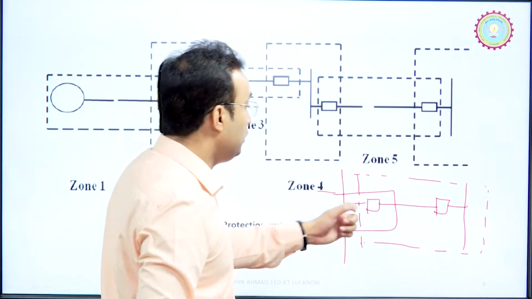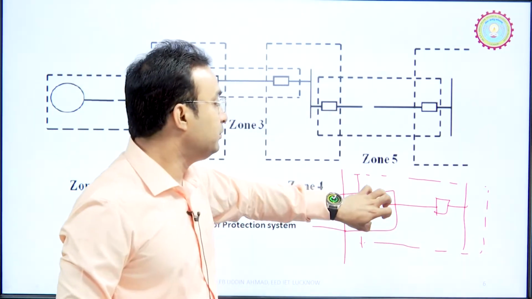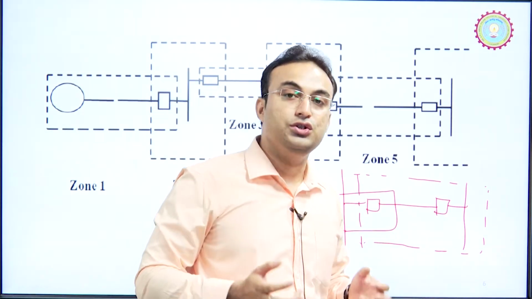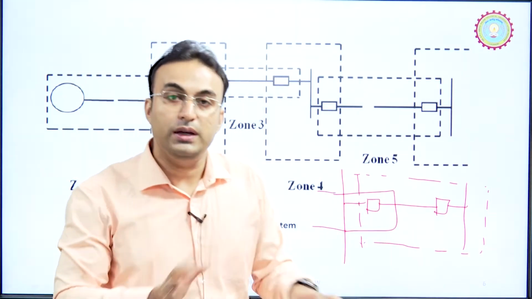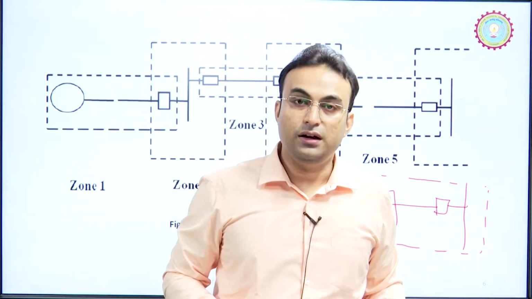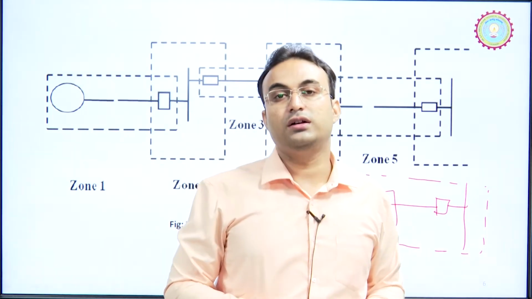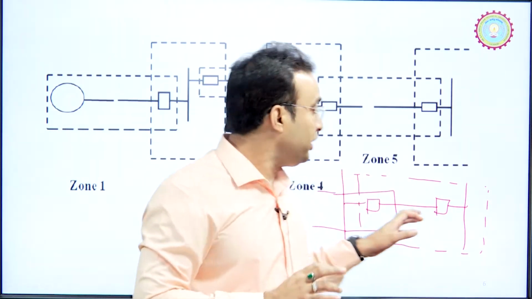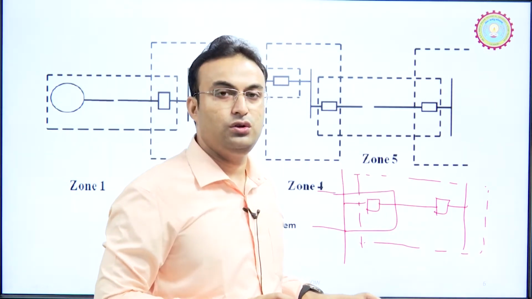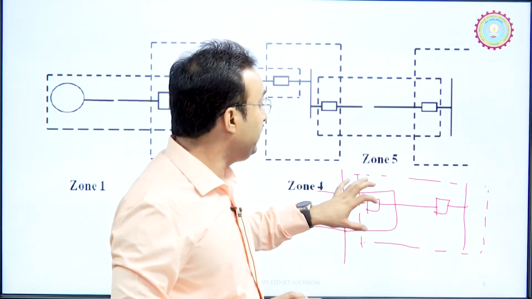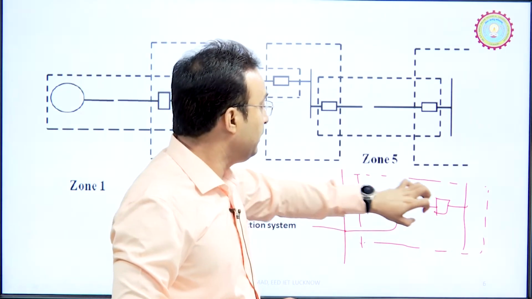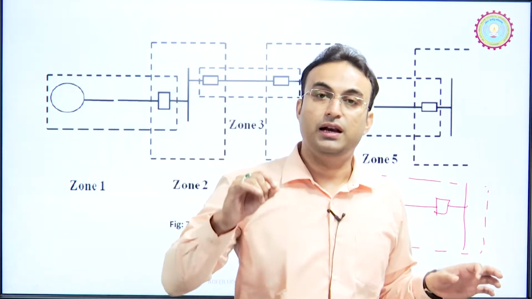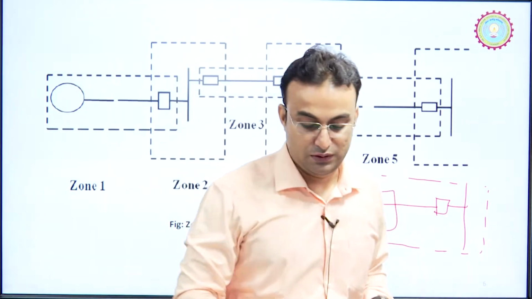Now zone 1 and zone 2 will overlap for this particular section. That is why we want overlapping, to ensure that there will be no space left where there is no protection scheme responsible. So, we want to eliminate such a location or section which is left without protection in the power system.